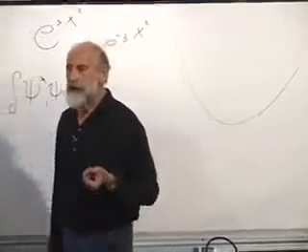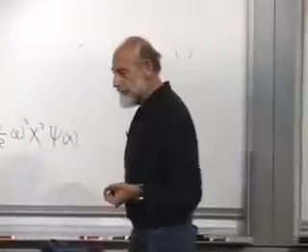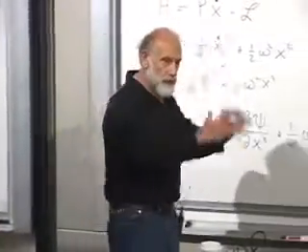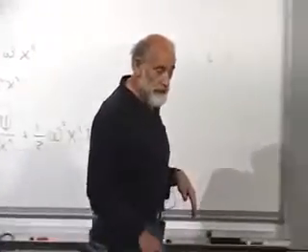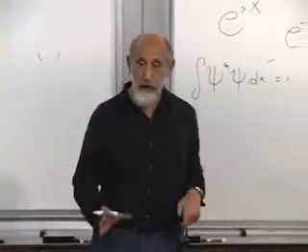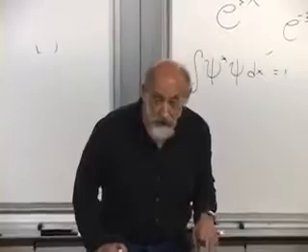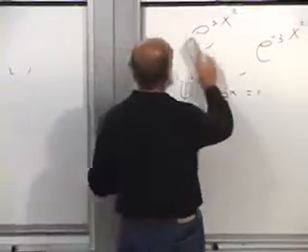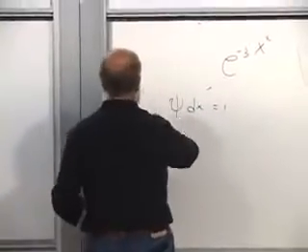Only at very select values of the energies are there solutions which decrease in both directions. Those select values are the energy eigenvalues of the harmonic oscillator. So let's see what we can do. Let's see if we can figure out what they are.